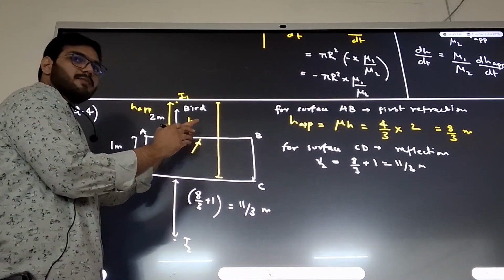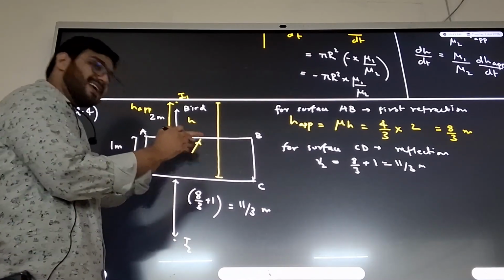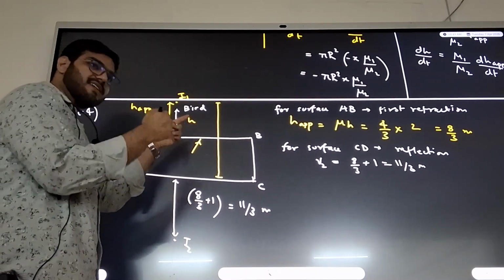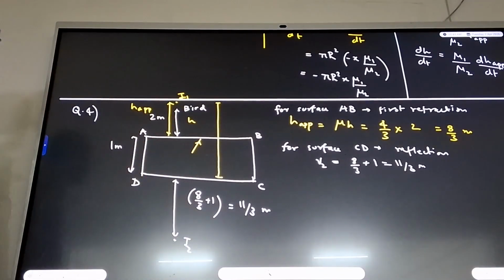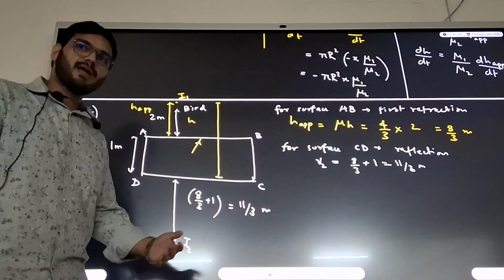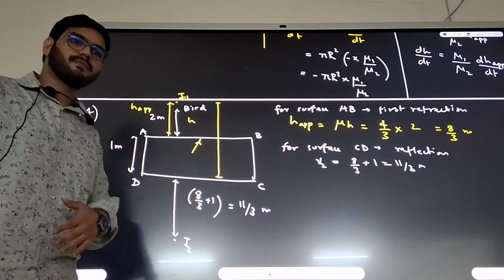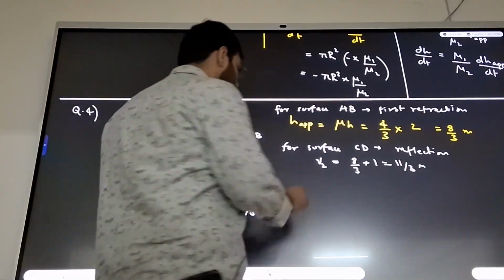So from what medium to what medium they are going? From denser to rarer. So you can assume, as good as assume, that the virtual object is placed inside the denser medium. Yes? So which case? Case number 3. Yes. So should you multiply by mu or divide by mu? Divide by mu.